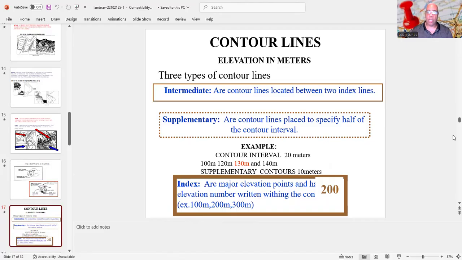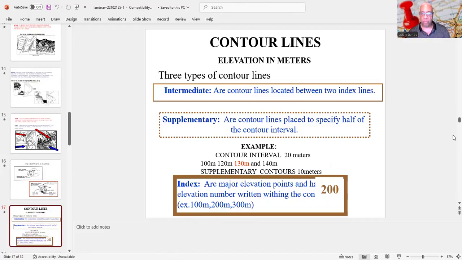They're contour lines placed to specify half of a contour level. So you have your intermediate, then you have your full, of course, or your full that's known as your index. Your index is usually a whole foot. Example, contour level, 20 meters, 100 meters, 120 meters, 130 meters, and 140 meters.